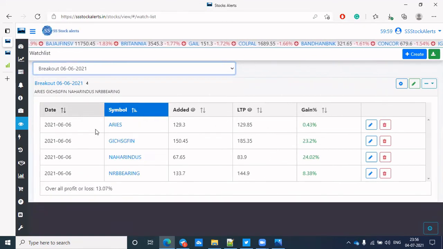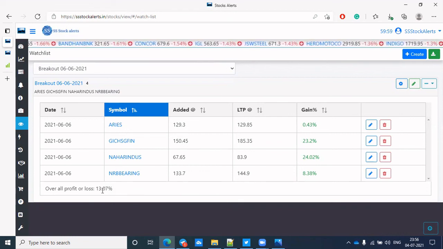For example, this week I bought all these four. Once I bought the stocks, my total capital was invested in only these four. I was waiting for my total portfolio to come up by 10 percent. This week I got this 10 percent.